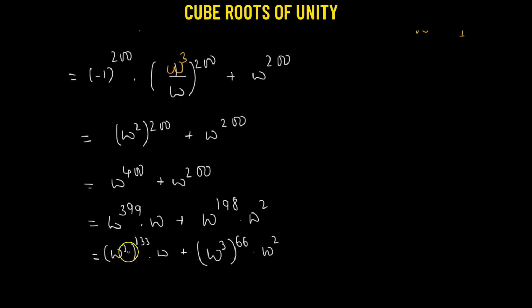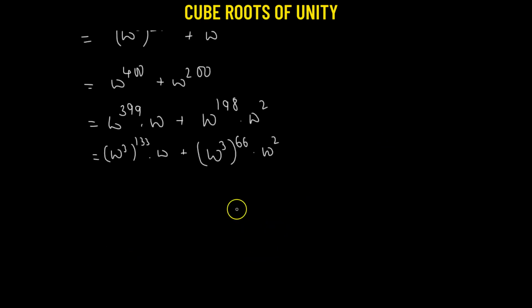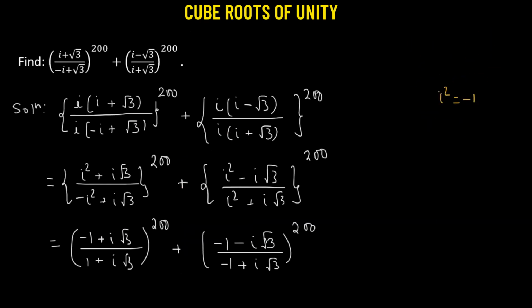Now we can replace omega cubed with 1. That leaves us with omega plus omega squared. And we know that 1 plus omega plus omega squared, the sum of the roots of unity, is equal to 0. So that means this value will be negative 1. So the value of the expression is equal to negative 1.